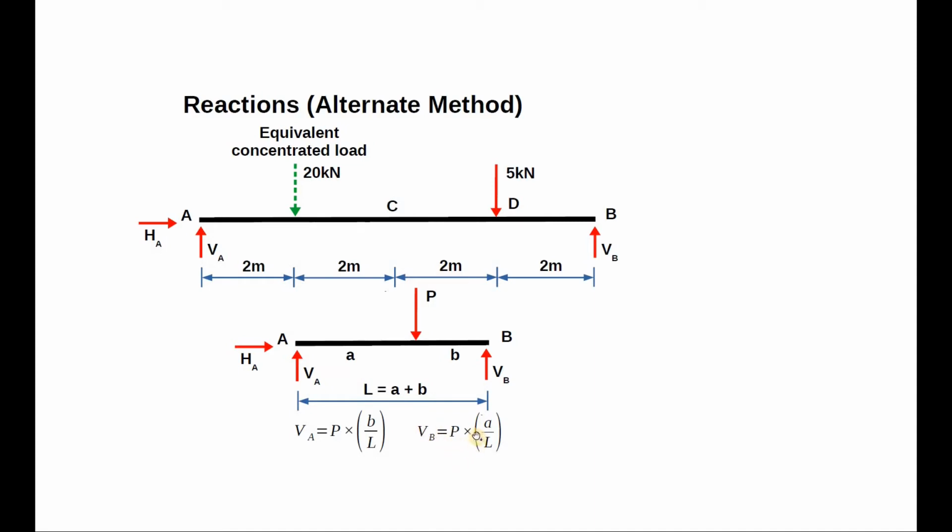Similarly, VB is P into A over L. This is nothing but the extension of the moment equations. You can easily arrive at these equations by taking moments at each point. But it is very intuitive to think in this way.